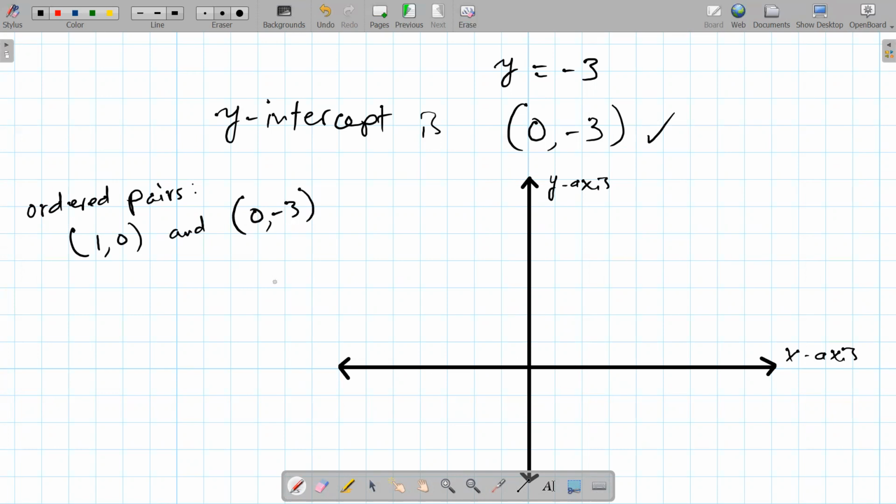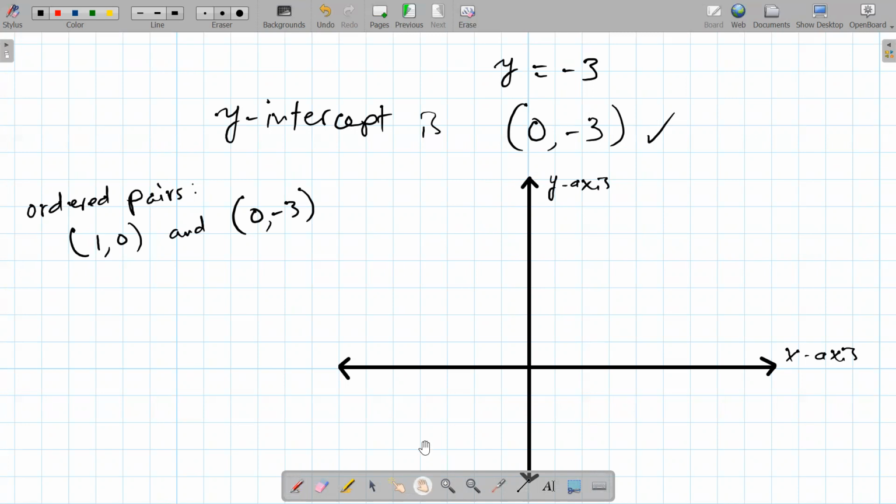Okay, so how do you get your graph? You want to look at the scale now in terms of what the x and the y values are. In these 2 points, the highest value of x is 1. The highest value of y is 0. The smallest value of y is negative 3.